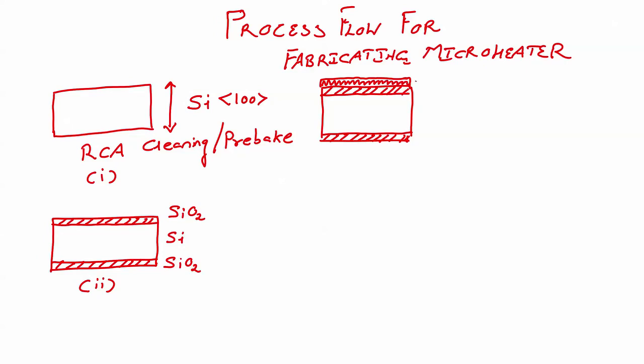Let us say this material is nichrome. This is my SiO2, silicon, SiO2. This is step number 3.